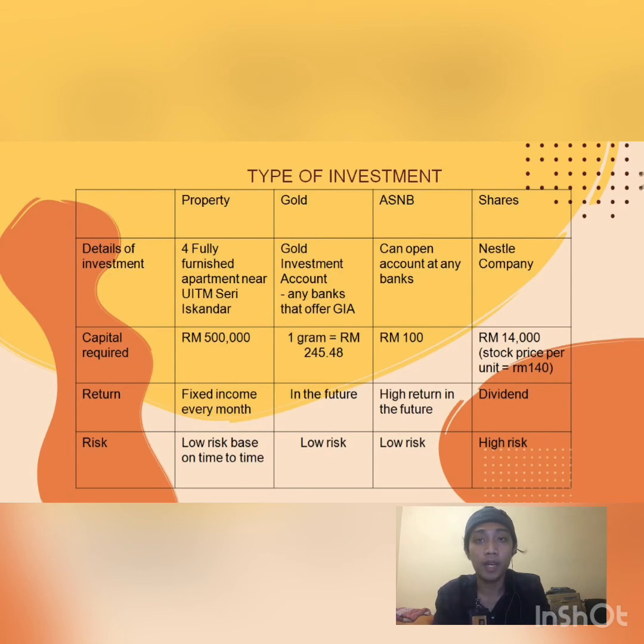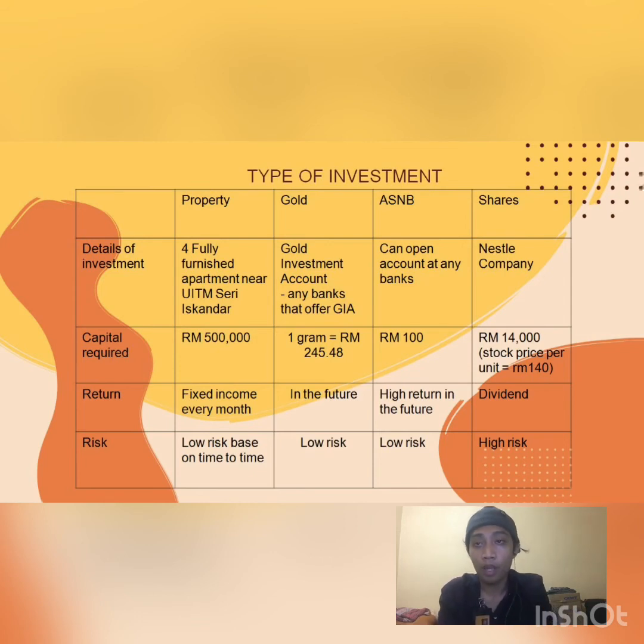And if we buy 30 lots of Nestle stock, we need to ready capital of about 42,000, which does not include the broker fee. So there is no fixed amount of capital for stock investment. Basically, it is based on the demand for the stock and the status of the company.